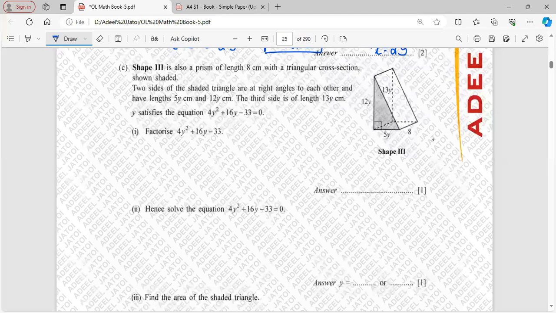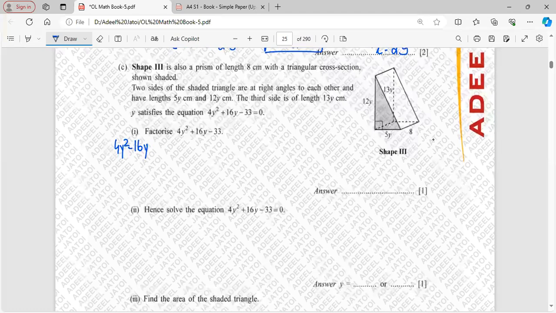The third side is of length 13y, which is the hypotenuse. y satisfies the equation 4y square plus 16y minus 33. So first thing first, they need us to factorize. It's an easy mark.